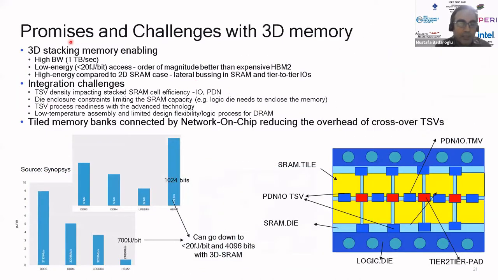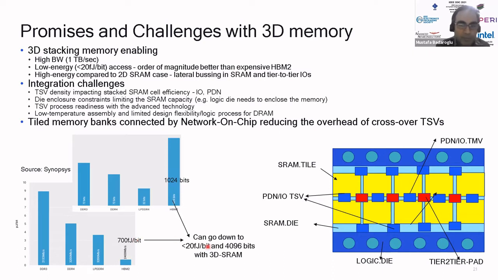So 3D stacking memory is a very promising alternative to HBM. With HBM2 today, maybe we can enable 1 kilobit, and the communication is about 700 femtojoule per bit. With HBM3, this number can go down to 350 femtojoule per bit.